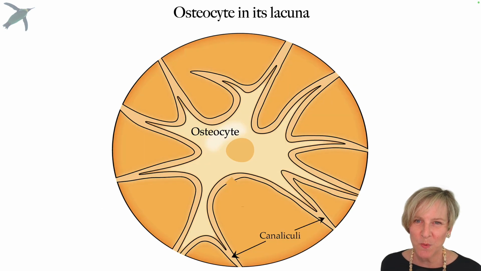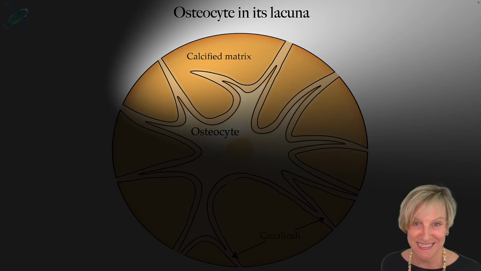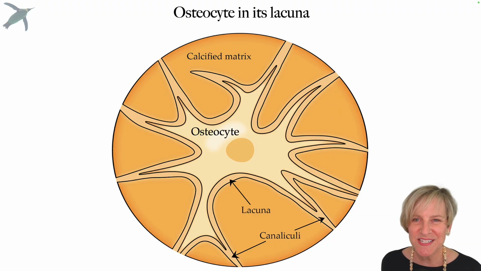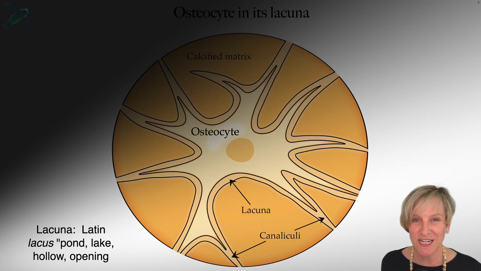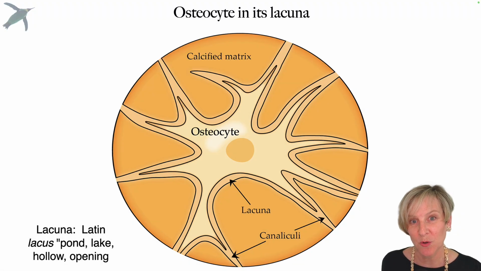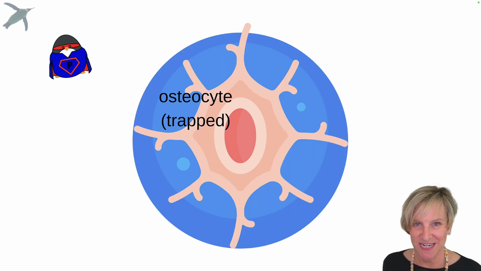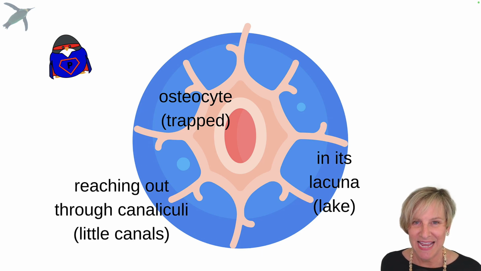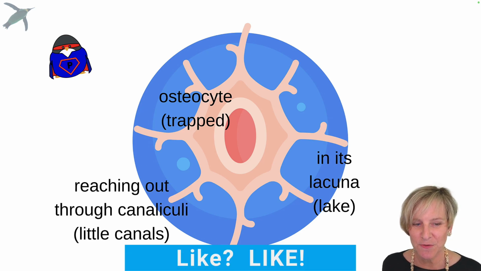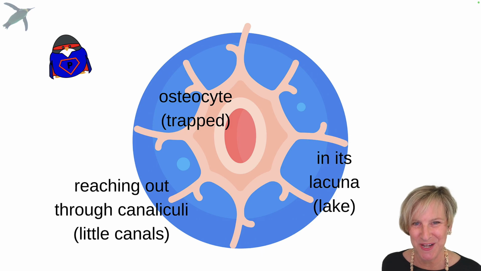Because of the way bone is formed, which we'll get to later, osteocytes live in a matrix with organic and inorganic materials, but you'll see them sitting in what we call lacuna. The word lacuna actually comes from the Latin word for lake or pond or opening. So to remember this, remember the osteocyte, which as an adult will be trapped in its lacuna or lake, and it'll reach out to other cells through canals, little canals we call canaliculi.